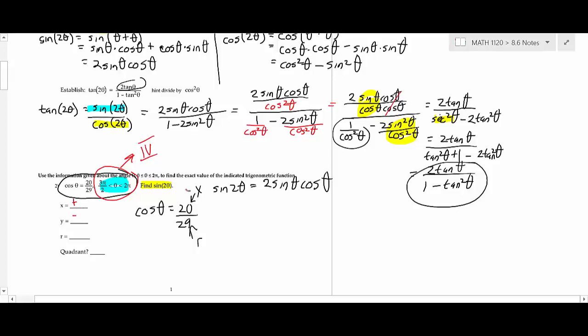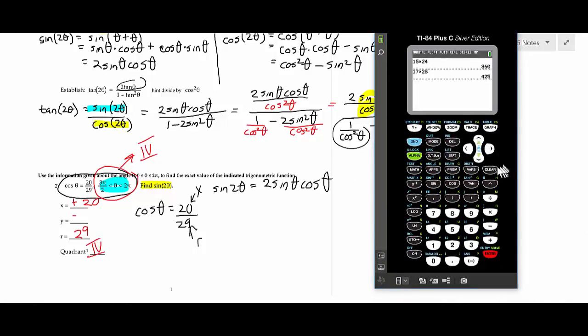So x is going to be 20, r is going to be 29, and again we're in quadrant 4. So we just need to figure out y. Now this is the Pythagorean Theorem. I'm going to do this on the calculator in one step. When you have to do the Pythagorean Theorem, just get your calculator out and do it that way so you don't have to write anything on your paper.